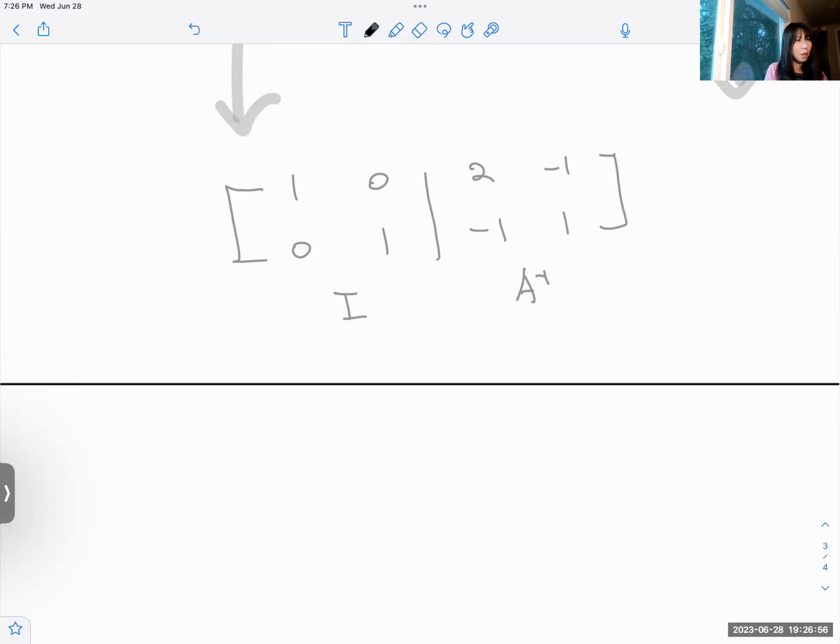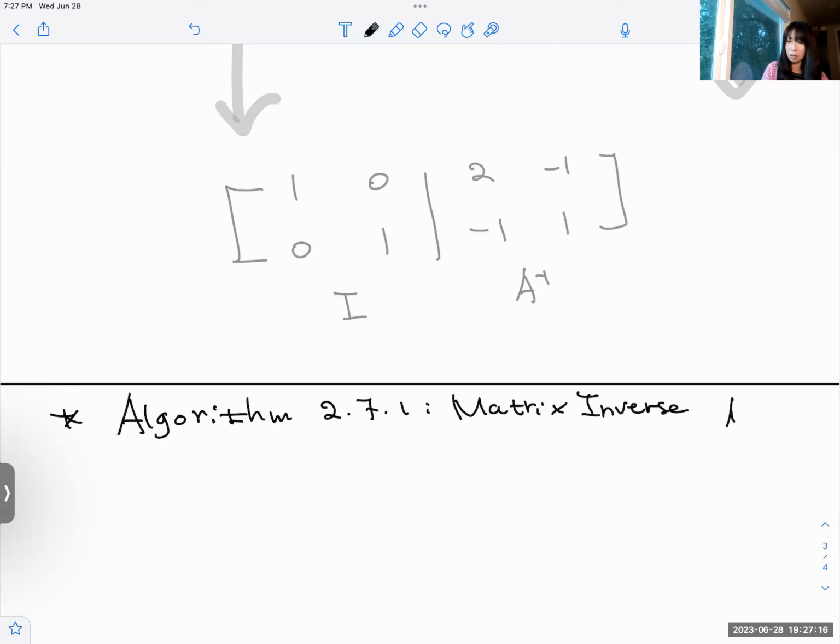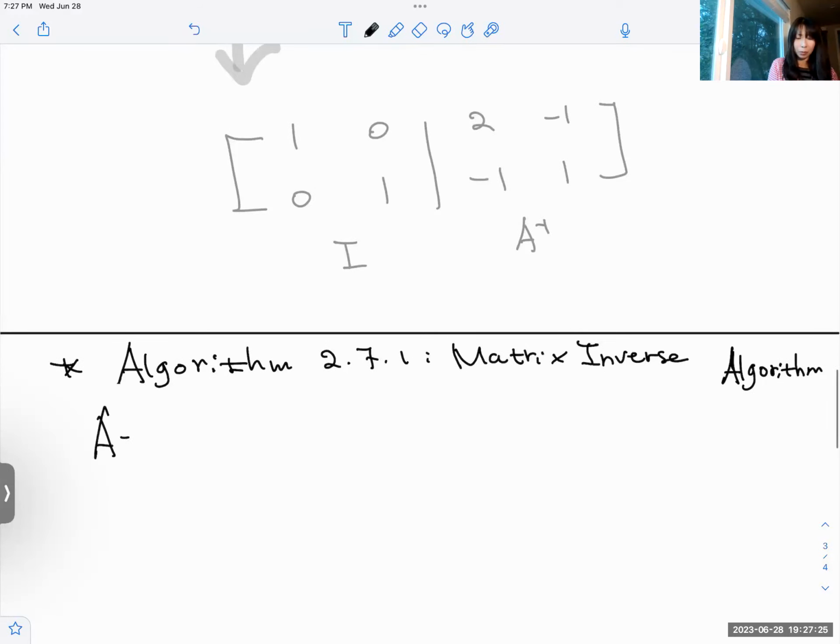Matrix inverse algorithms. 2.7.1 Matrix inverse algorithms. Okay, now suppose A is an n by n square matrix, right?